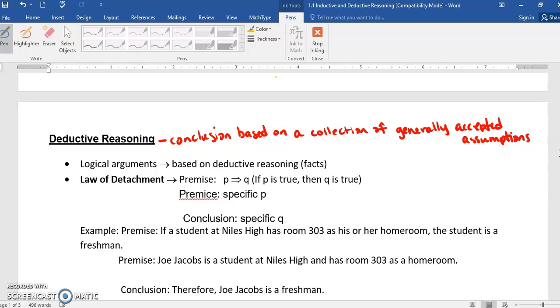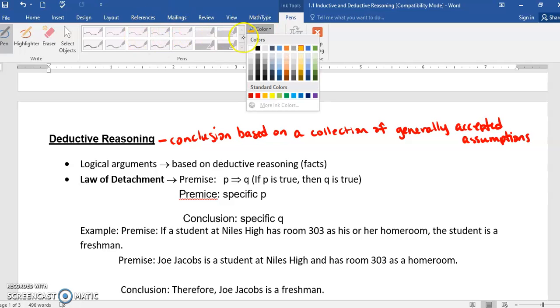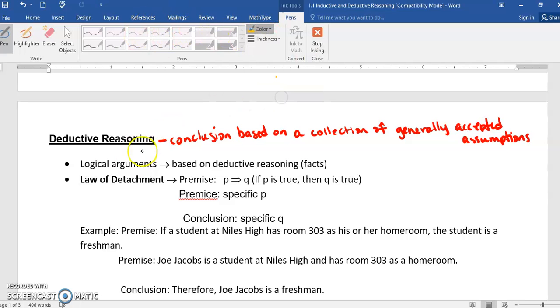One would be called the law of detachment. I like looking at this a little bit this way. Detachment, think about pulling things apart. Okay, if your premise is telling you, well, if P is true, then Q is true. You have another premise that's maybe specific to P, then we can make a conclusion that's specific to Q.